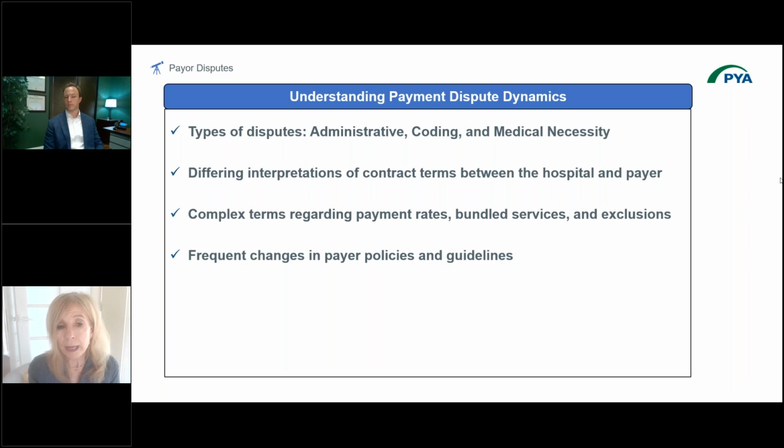And then, of course, the medical necessity denials. Make sure your hospital has a physician lead that's really working and interfacing with the payers to really challenge maybe what those, quote, peer-to-peers are saying. The peer-to-peer is often a misnomer.